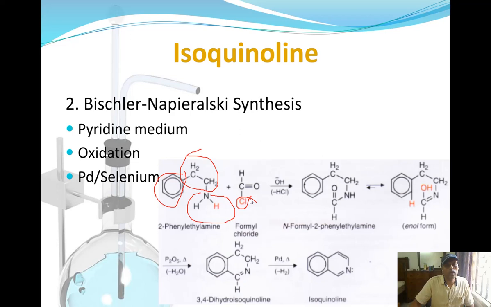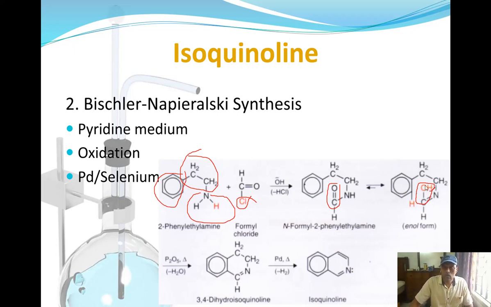You have a chloride group there, so it is formyl chloride. So there will be dehydration, and you're going to get N-formyl 2-phenylethylamine, right? And this is going to get rearranged to the enol form. This is the keto form, and this is the alcohol form, the enol form, right?